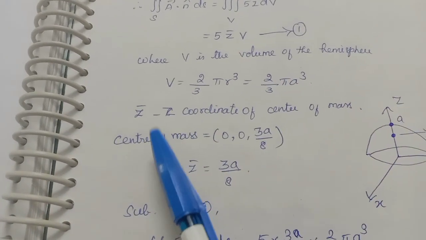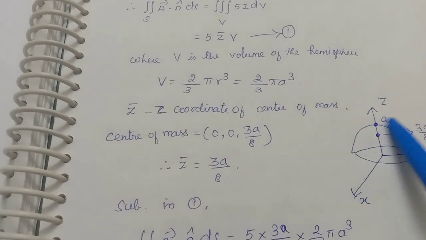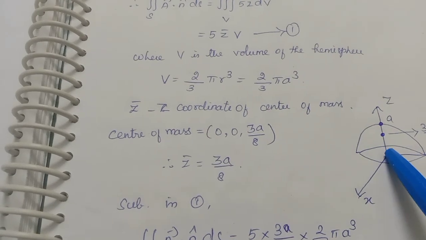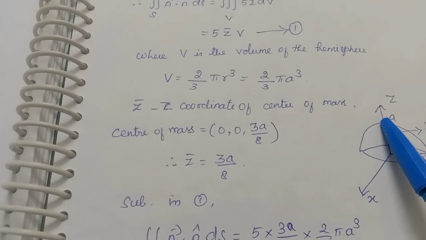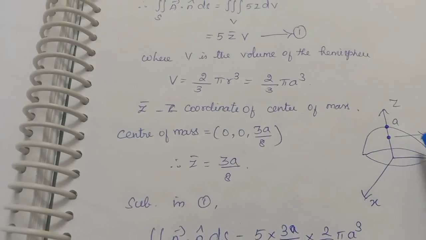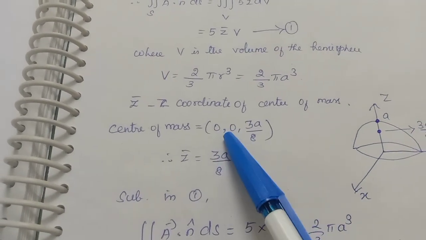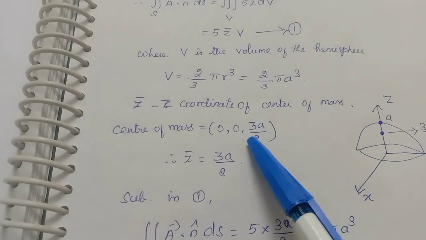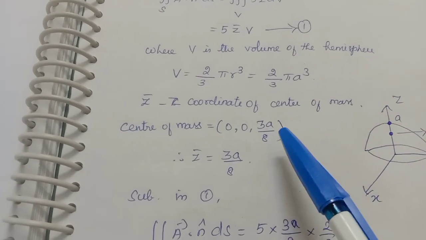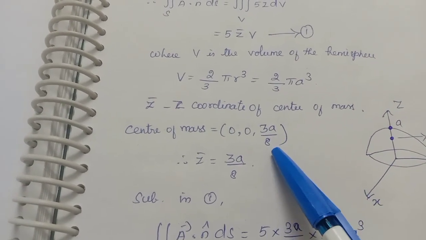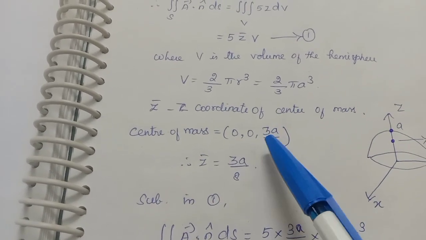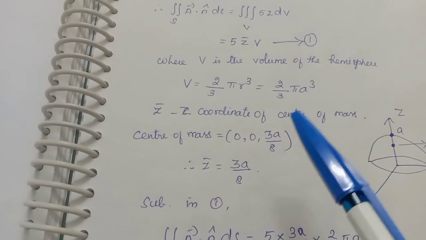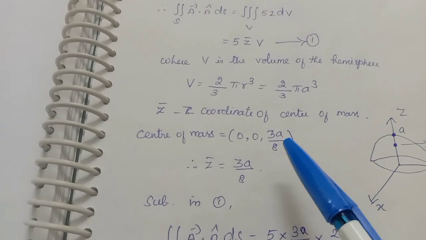And the center of mass of this hemisphere will be lying somewhere here, on the z axis. As I told you, x value and y value will be 0 only. So 0, 0 and 3a by 8. There is a very big calculation for finding the center of mass of a hemisphere, so as of now, just remember this 3a by 8 is the center of mass for a hemisphere.